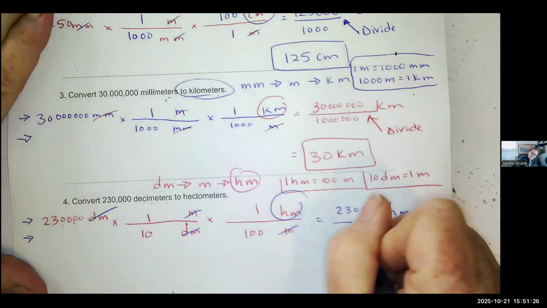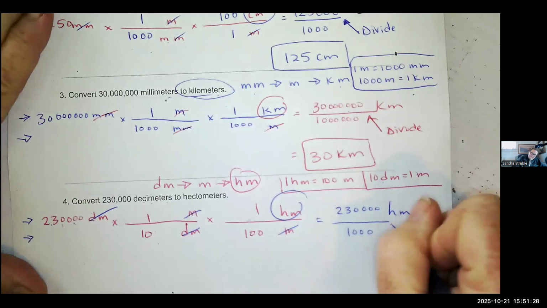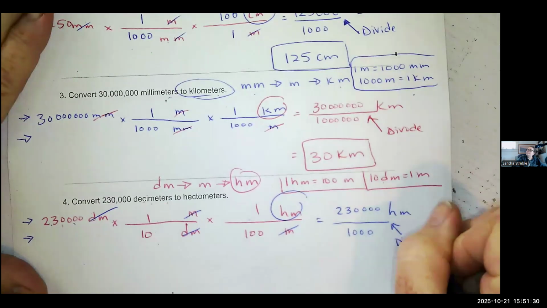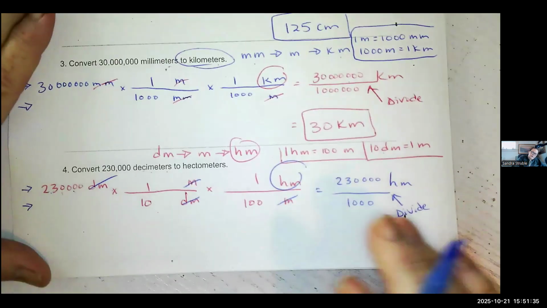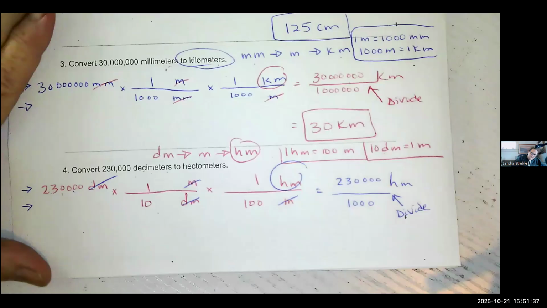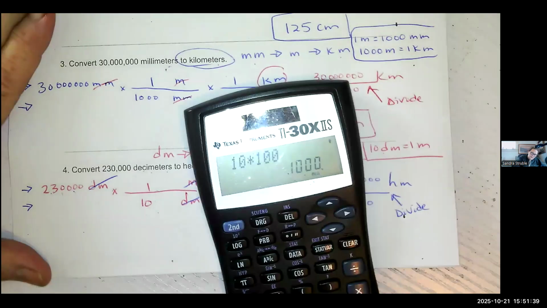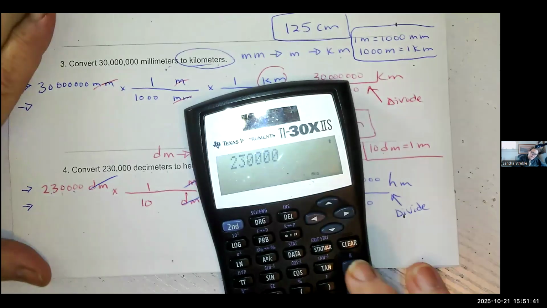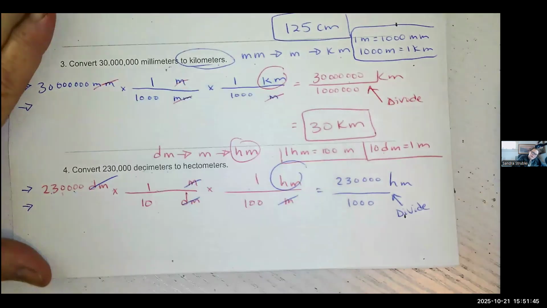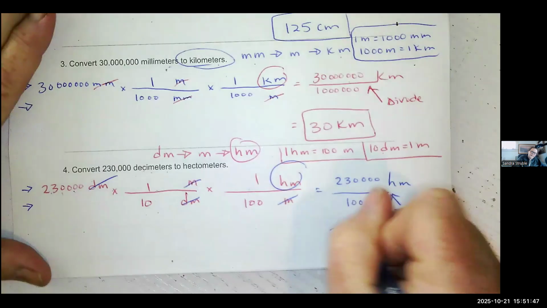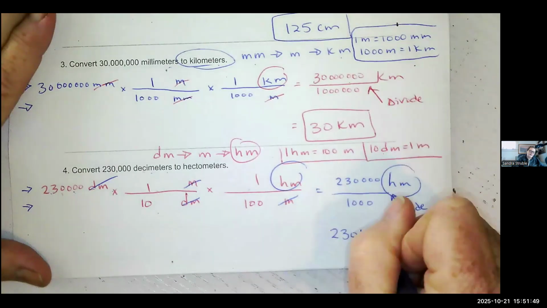Please divide. Don't give me a fraction. Give me a decimal or whatever it gives you when you divide. So 230,000 divided by 1,000 is going to be 230. Don't forget your unit, hectometers. That's how many hectometers are in 230,000 decimeters.